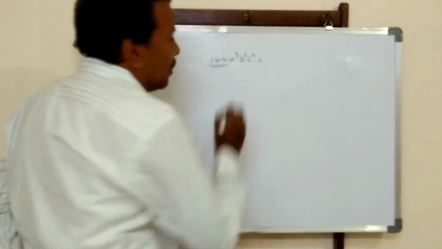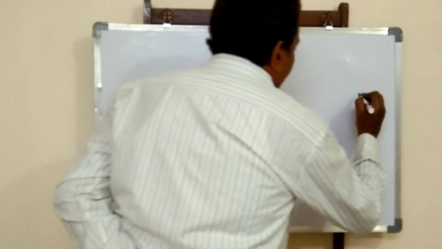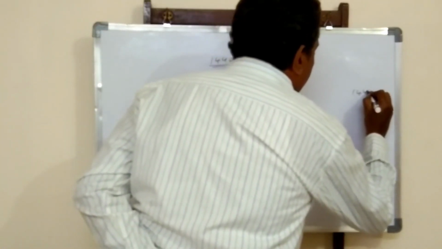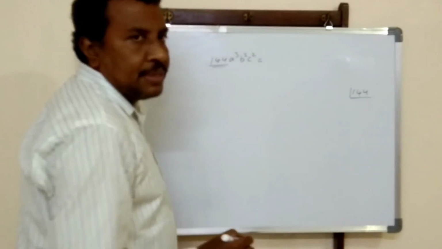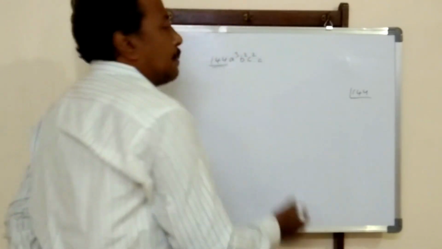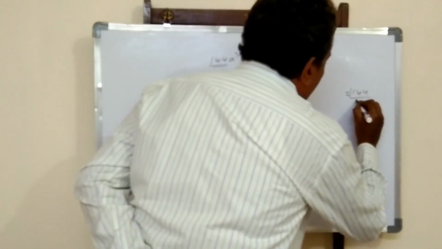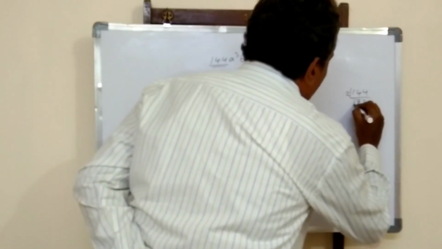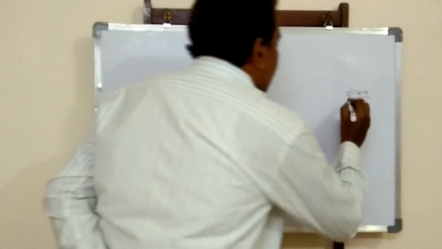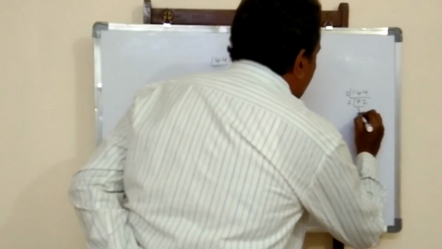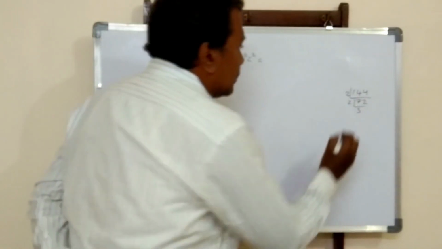First of all, we have to factor this 144. Divide with 2. You have to divide only by prime numbers. 2 twos are 4, again it is divisible by 2, 2 threes are 6.